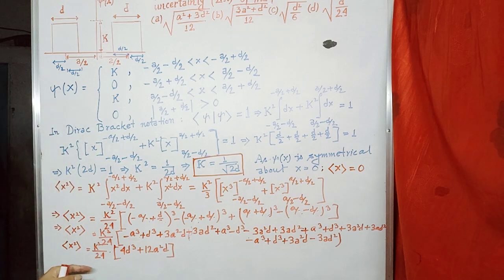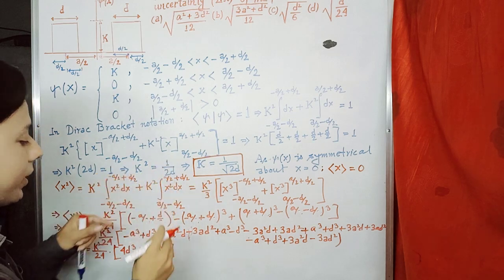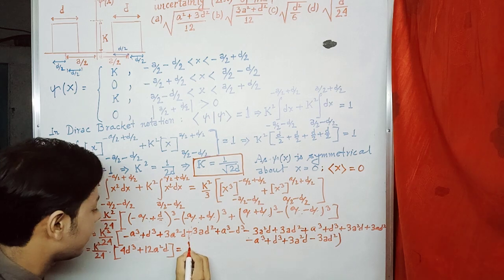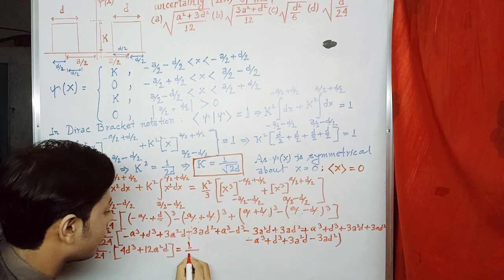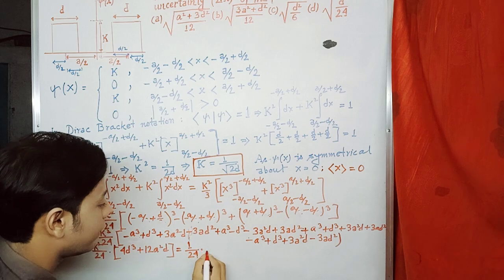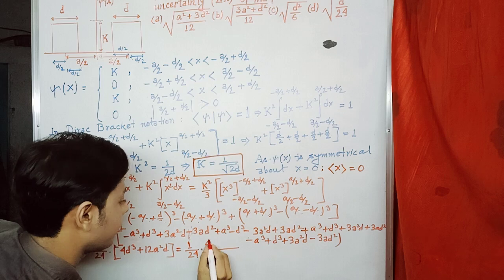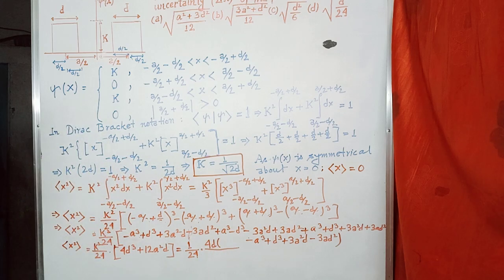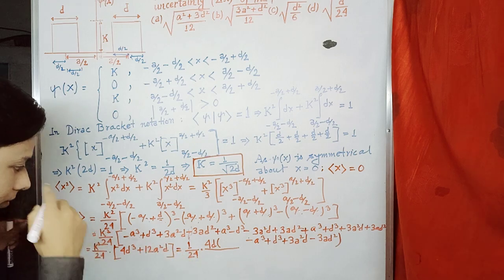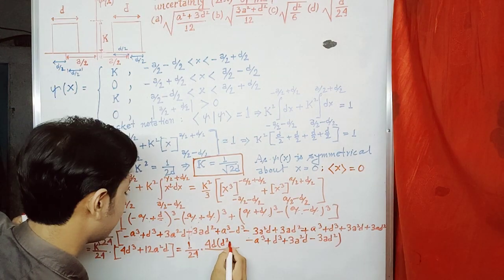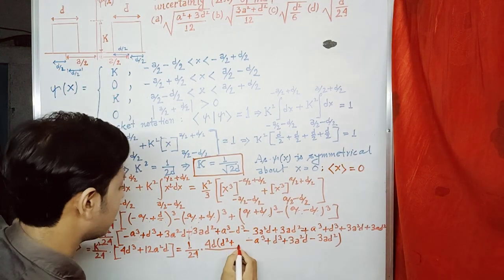Now if we put the value of k square, because k square is equal to 1 divided by 2d, then we can write this as 1 divided by 24 into, and from this term 4d is common. If we take 4d common, then our remaining term will be d square plus 3a square.